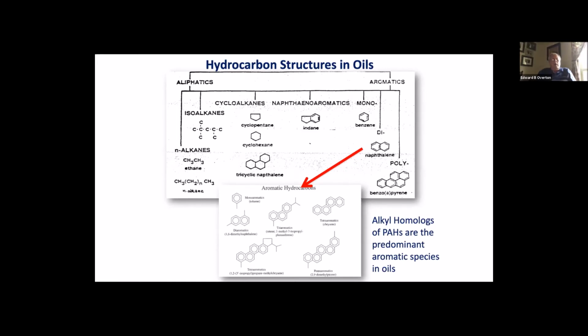In this slide, we'll start off with the most common and most concentrated individual compounds in oil, and that would be the normal alkanes. Normal alkanes are carbon and hydrogen compounds stretched in a linear structure, right?